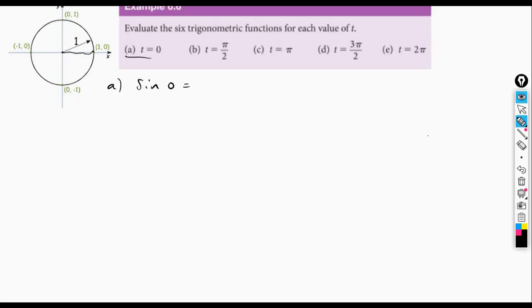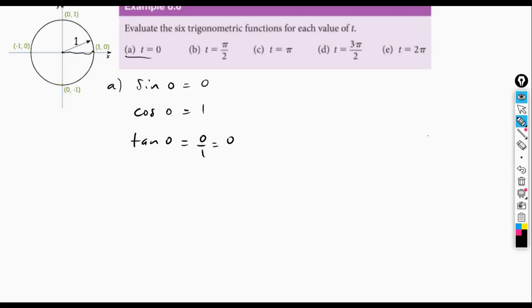What's the y coordinate here? Well, 0. So sine of 0 is 0. Cosine of 0 is 1. And tangent of 0 is sine over cosine, so 0 over 1, which is 0. Now, how about the reciprocals?